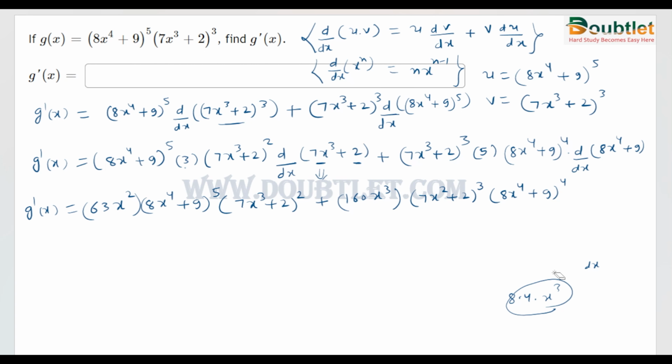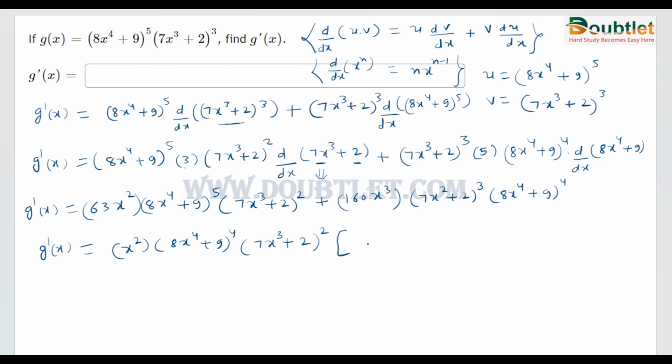Now we have completely differentiated the function, but to write this in neat and clean form, we have to take some common terms out. So x^2 will be taken out because x^2 and x^3, x is common, and (8x^4 + 9)^4 will be taken common, and (7x^3 + 2)^2 will be taken common.